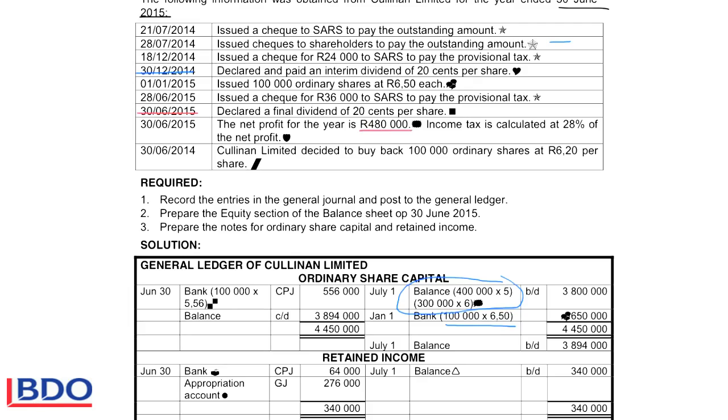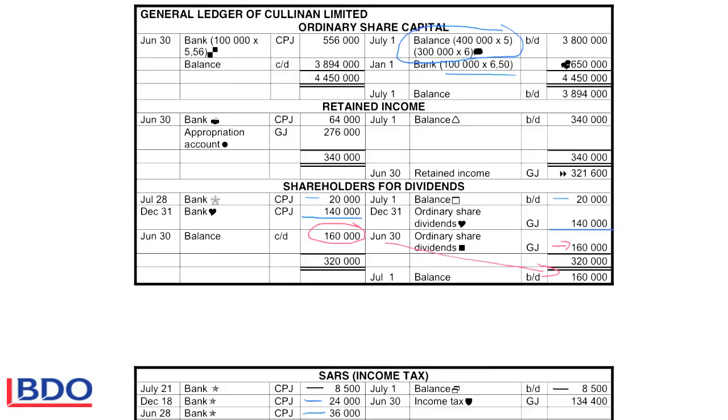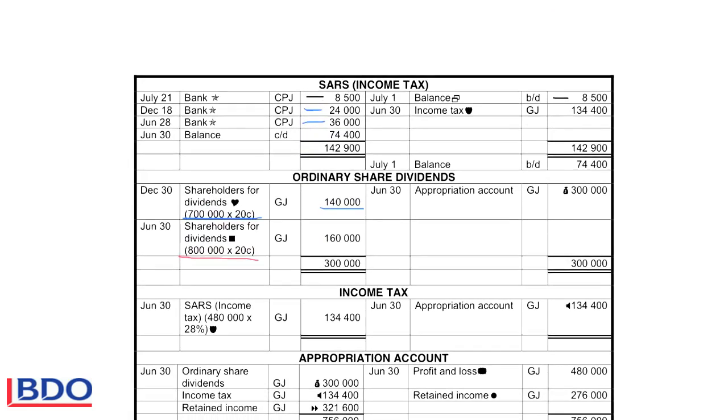Okay. At the end of the year, they decide to buy back 100,000 shares and they will pay R6.20 per share. As soon as we see there's a repurchase of ordinary shares by the company, you have to follow 3 steps. The first one is to determine how much money will be paid to the shareholders.